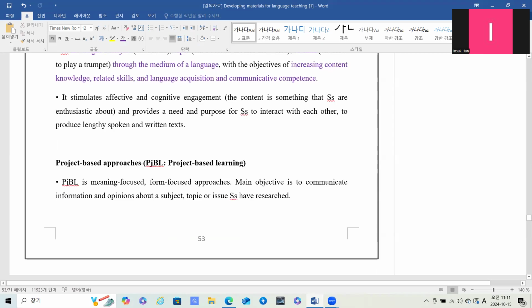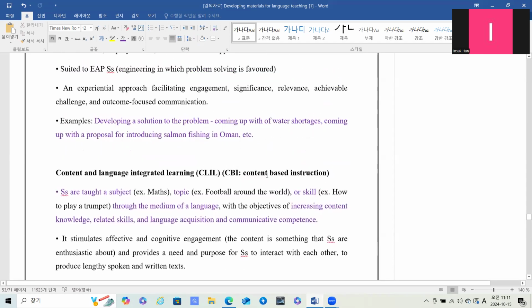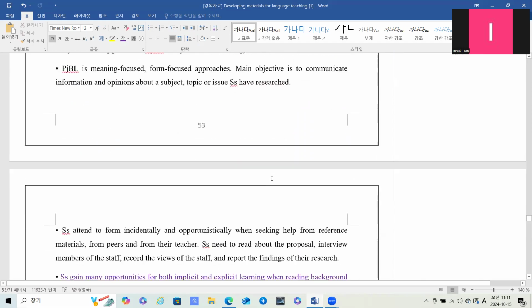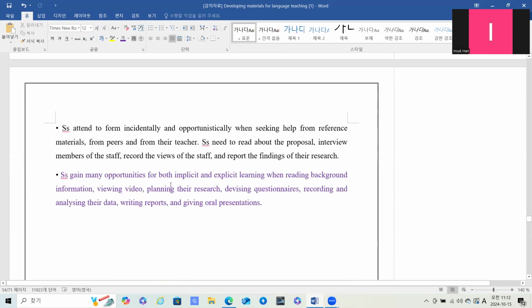Project-based approaches are usually targeted at activities that can be performed outside the classroom.